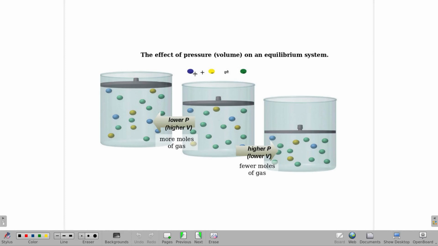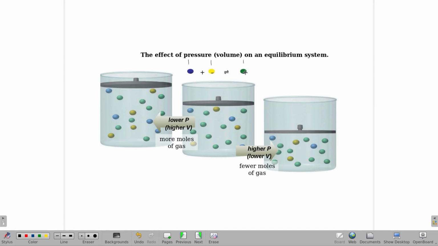What I mean by that: if we assume these dots represent 1 mole of a gas, our reactants have 2 moles. Our products, there's only 1 mole. So as that reaction goes forward, the number of gas molecules decreases. If the reaction were to go backwards, we get more and more gas molecules.